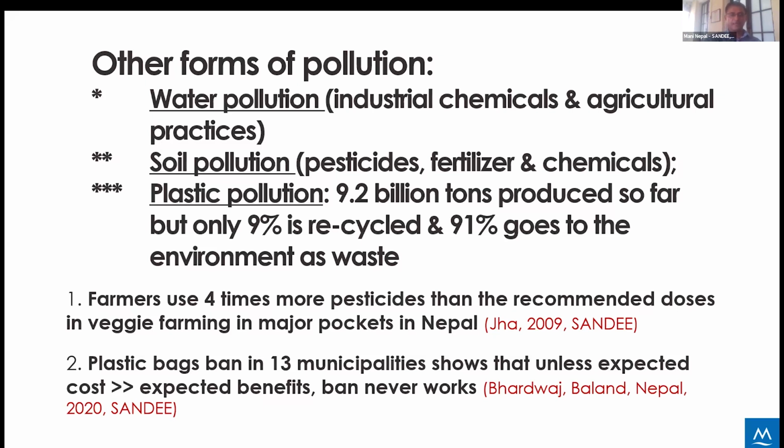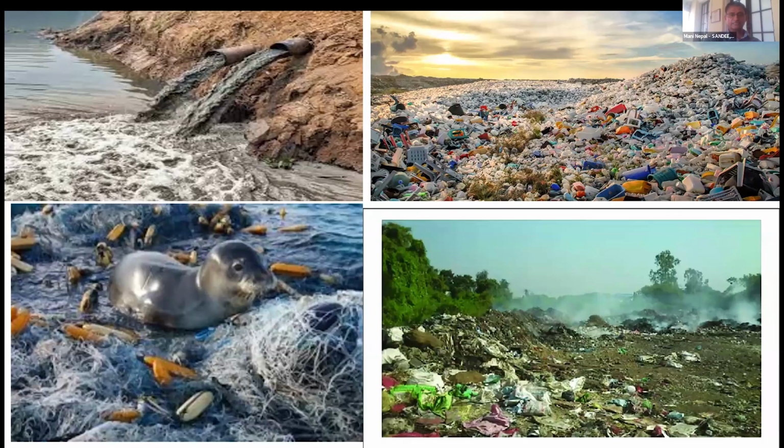Okay, and we also did some research on plastic related issues, whether a plastic ban can work, and I'll have a slide to discuss that in a minute. Okay, the answer is it doesn't work. The ban doesn't work to control plastic pollution.